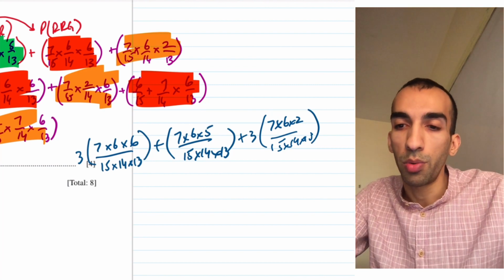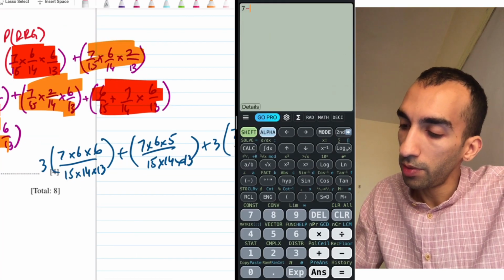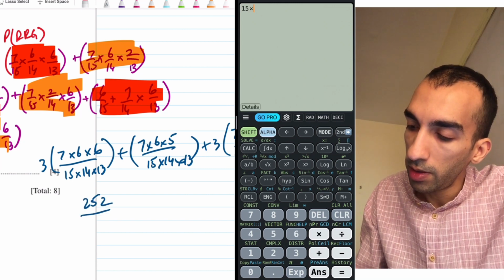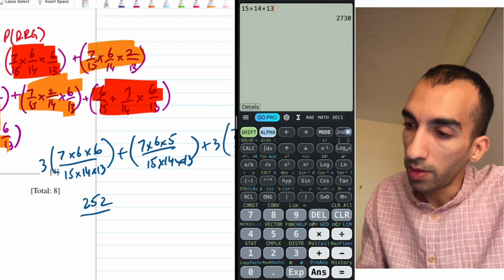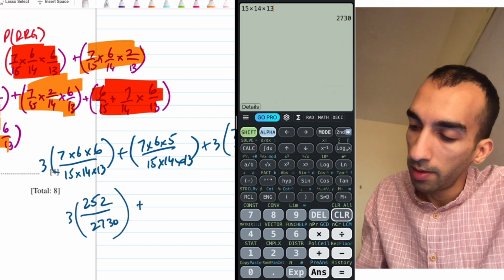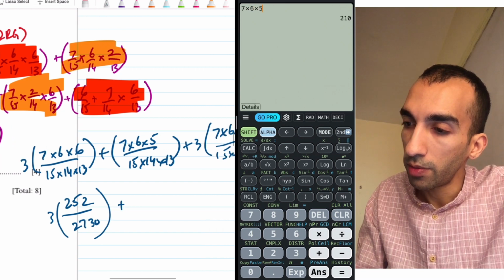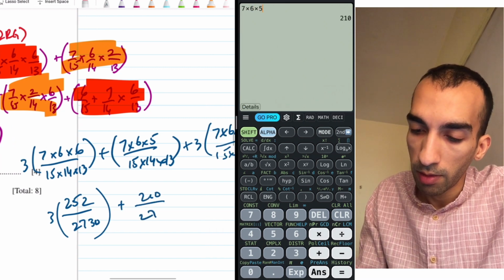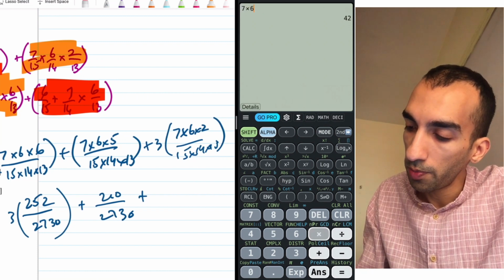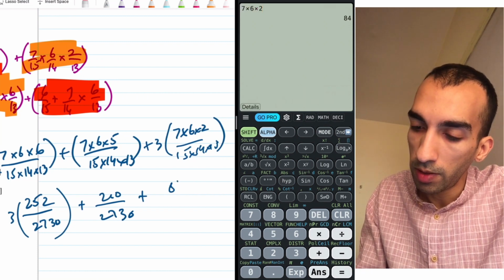Now, what we can do, solve this. 7 into 6 into 6 gives us 252. 15 into 14 into 13 gives us 2730. 7 into 6 into 5 gives us 210, over 2730, and 7 into 6 into 2 gives us 84.